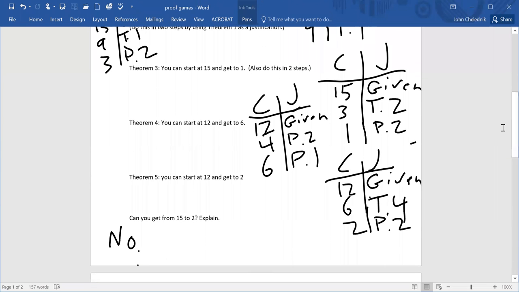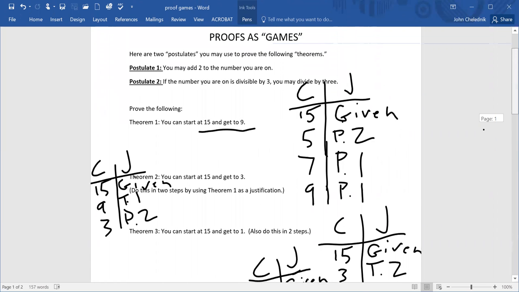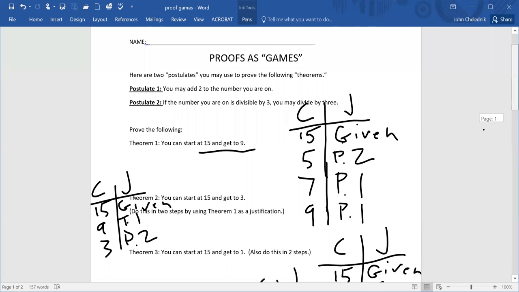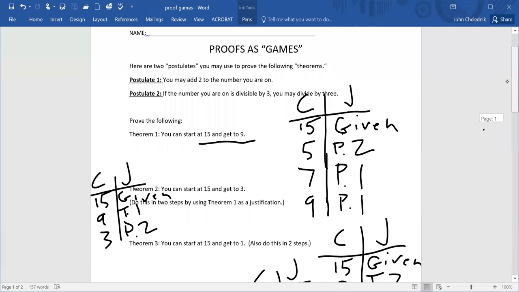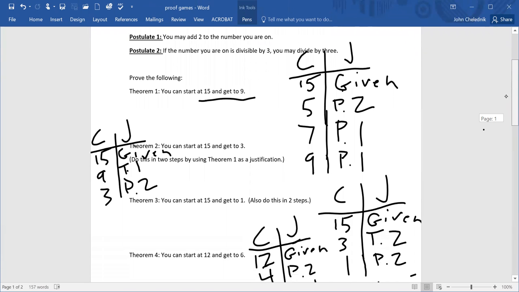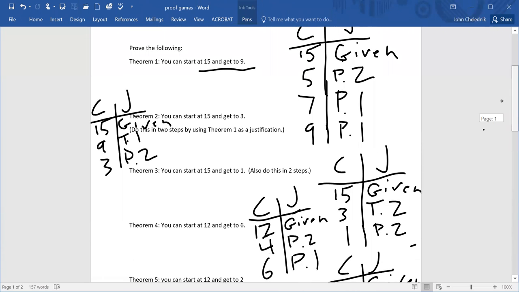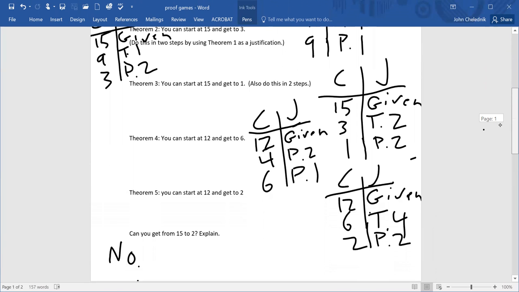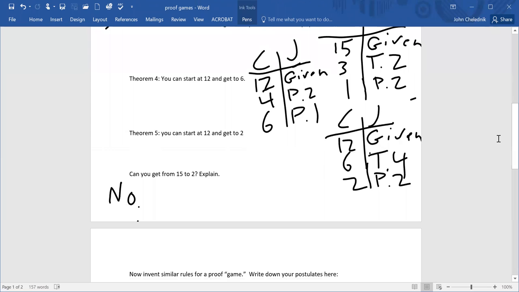Think of it this way. We're only going to be able to get to odd numbers, because any odd number plus 2 is another odd number. And dividing out 3s will not get you to an even number either. So really the reason is because 2 is even.